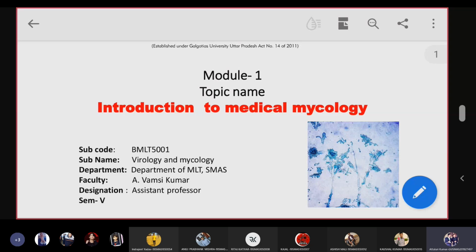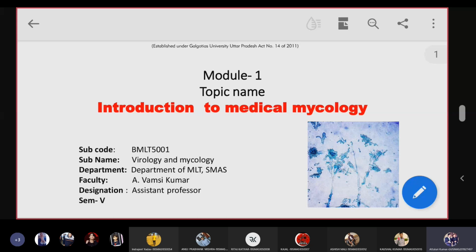Tinea versicolor is caused by what fungus? Pityrosporum orbiculare. Okay. Whereas Tinea nigra is caused by Hortaea werneckii. And Piedra is caused by two types of fungi, black fungi and white fungi: white Piedra and black Piedra.